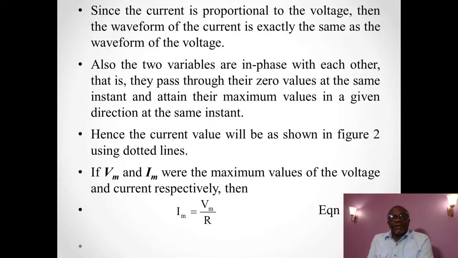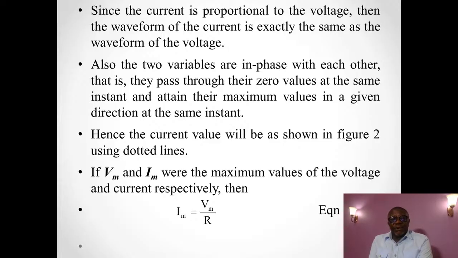So, since the current is proportional to the voltage, then the waveform of the current is exactly the same as the waveform of the voltage. Also, the two variables are in phase with each other. That is, they pass through their zero values at the same time or at the same instant and attain their maximum values in a given direction at the same instant.